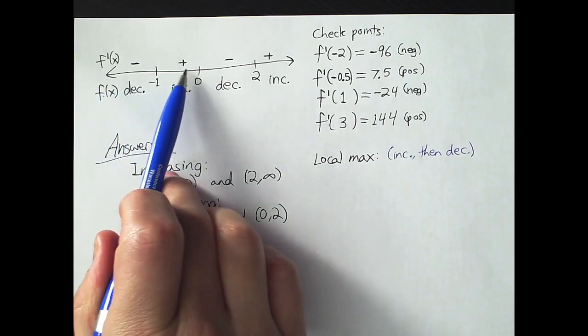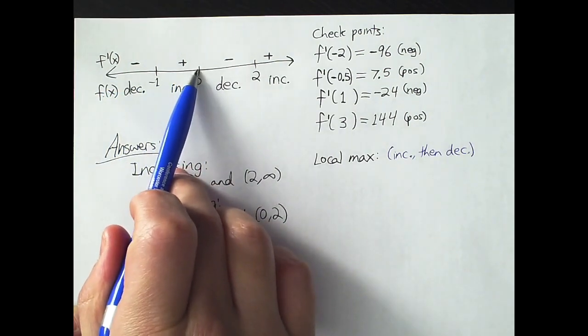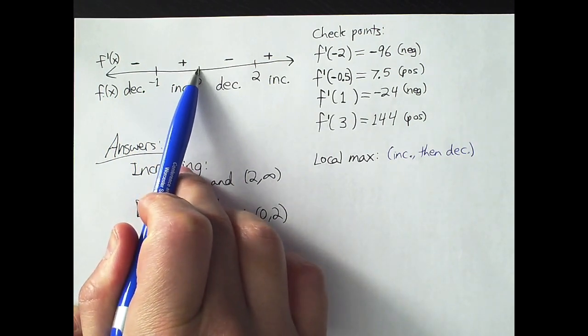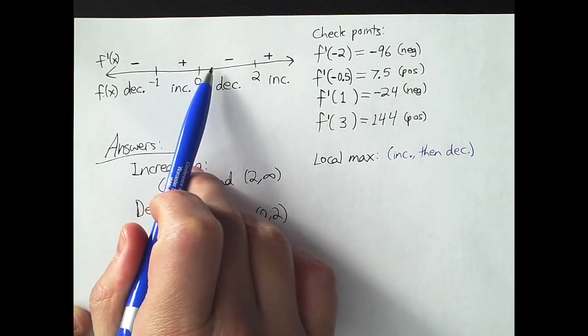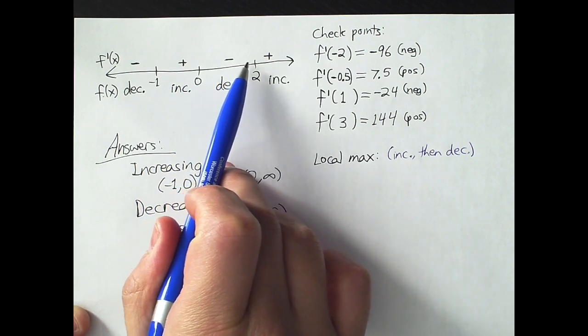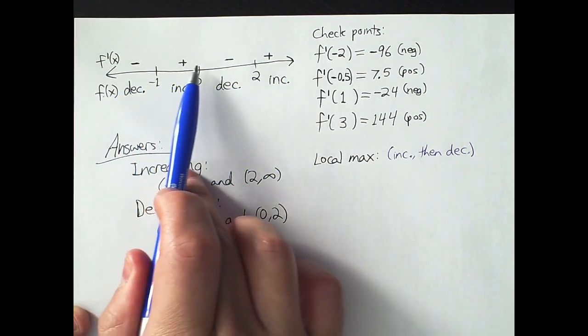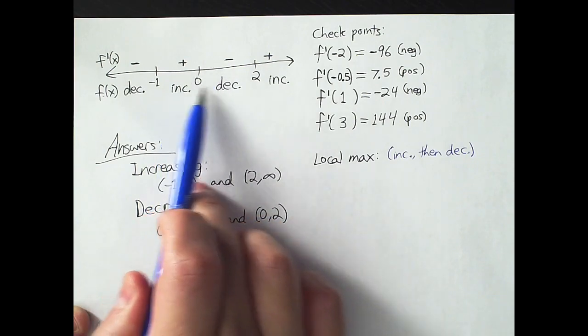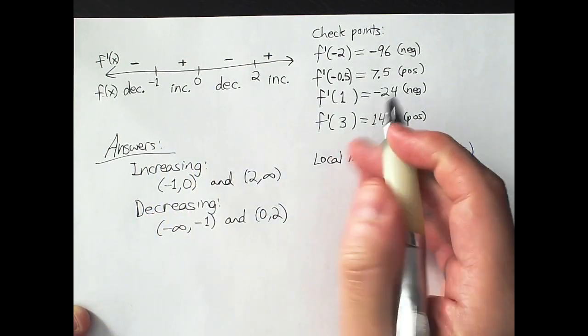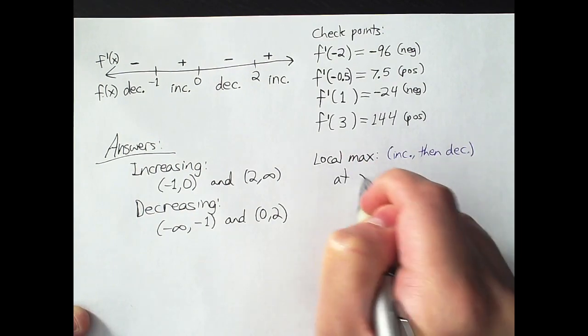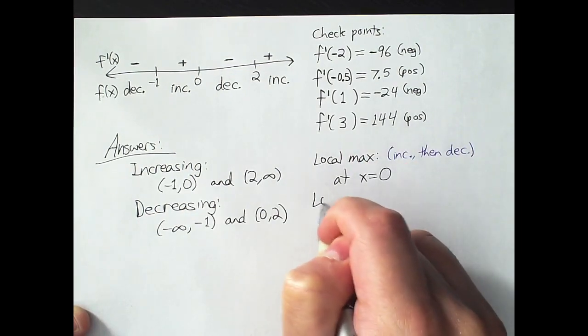Decrease, increase, decrease. It switches from increasing to decreasing here at x equals 0. Does it happen anywhere else? Decrease, increase. No. It only happens in that one place that when you go from left to right, you switch from increasing to decreasing. So I'm going to say at x equals 0.